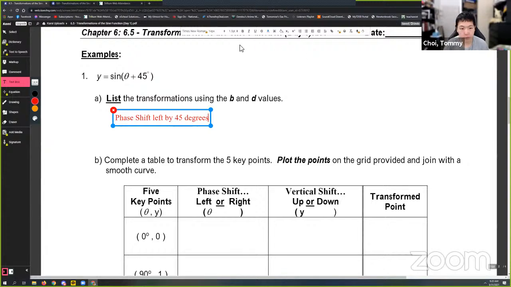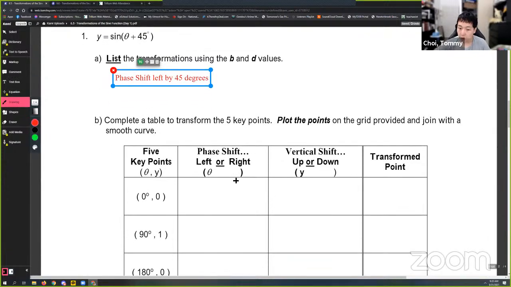No, there's no vertical shift here. So the only thing we're working with is a phase shift, to the left, because it was positive, and it's theta minus 45 that we're going with here.